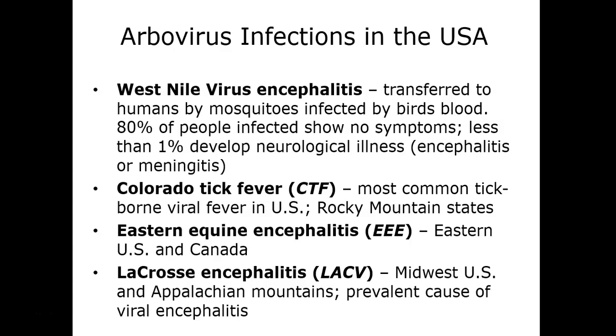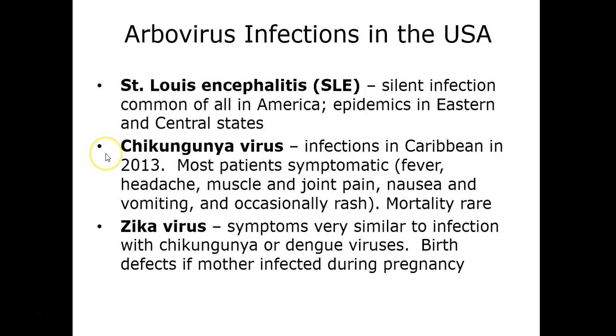There is Colorado tick fever, which is the most common tick-borne viral fever in the U.S., found in the Rocky Mountain regions. Tripoli, which is one we see a lot of, is prevalent on the East Coast in Canada. La Crosse encephalitis is found in the Midwest, Appalachian region. St. Louis encephalitis is a silent infection common across all of America.